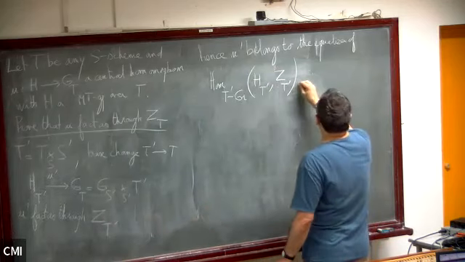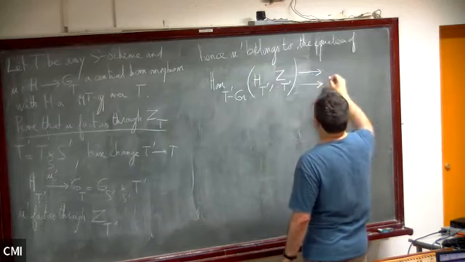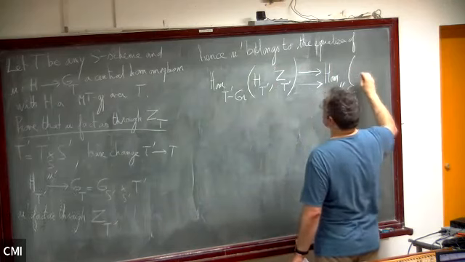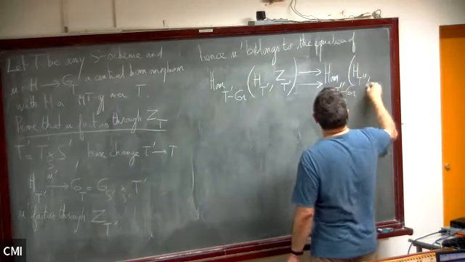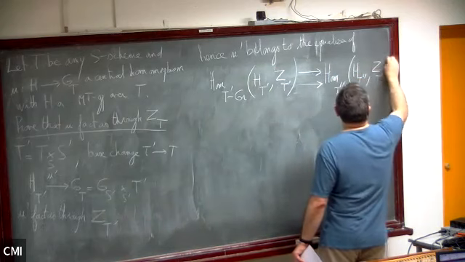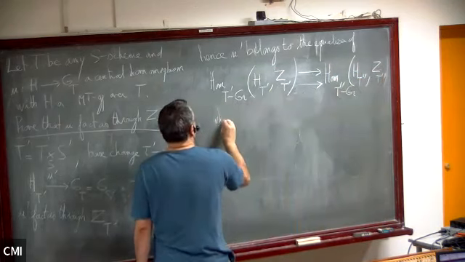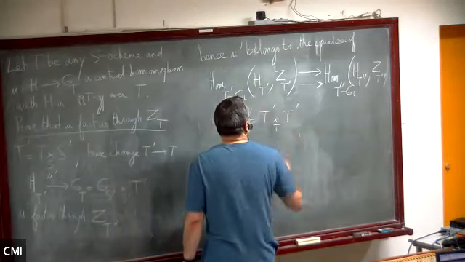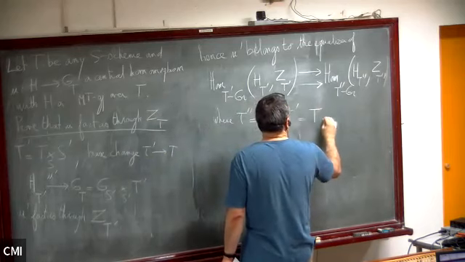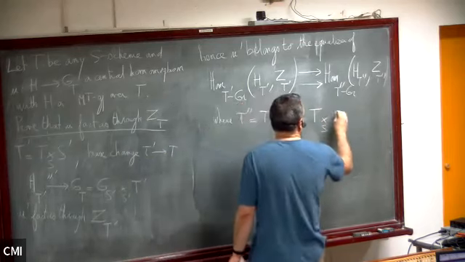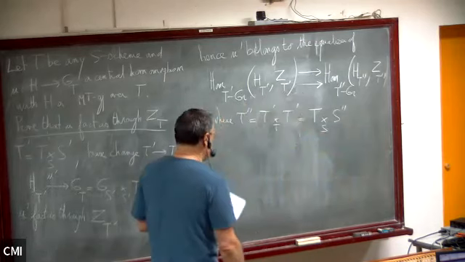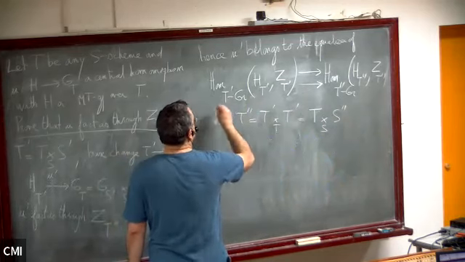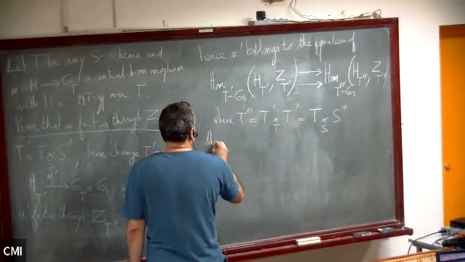It lands in this one, and so it has the same images in T double prime, where, of course, T double prime is T prime cross over T of T prime, and so this is the same as T cross over S with S double prime.